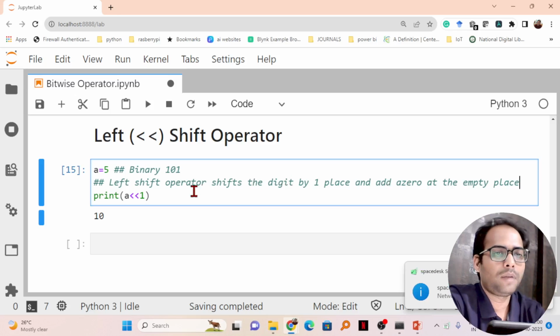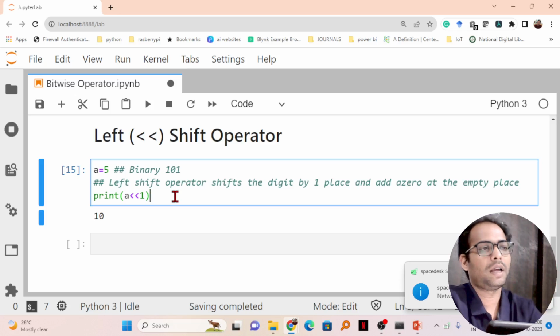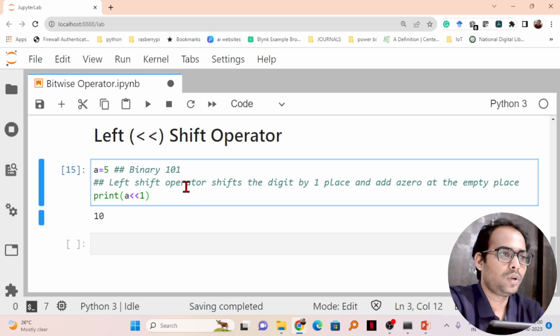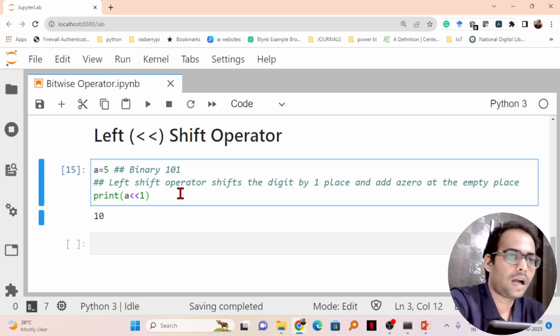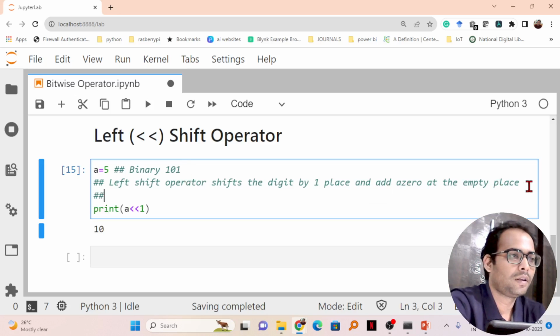Why have I taken 1 here? That is because I have written left shift 1, that's why 1 is being taken. Next, how is it happening? See here, the value is 101. Let me write it in a new line. When I left shift, it means in this direction, see the arrow mark.